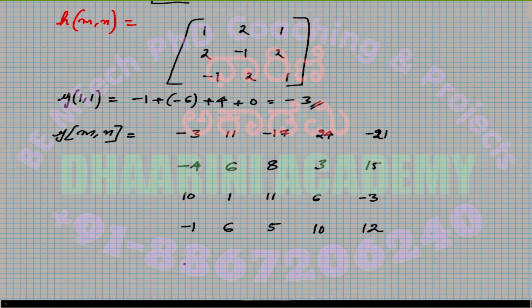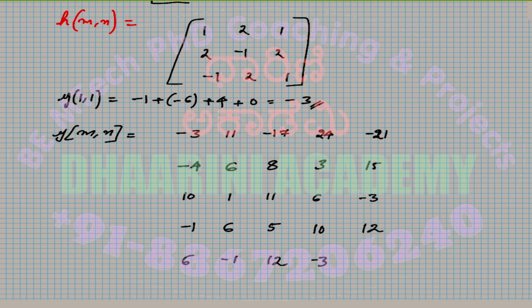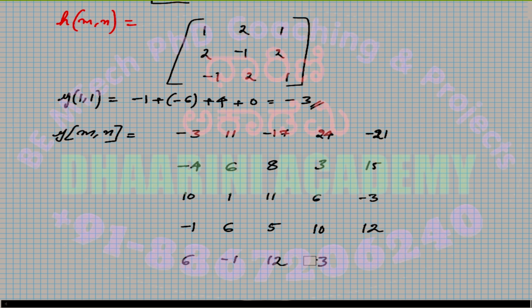So this is 6, minus 1, 12, minus 5 comma 4, minus 3. Okay, 4 and minus 3, right?